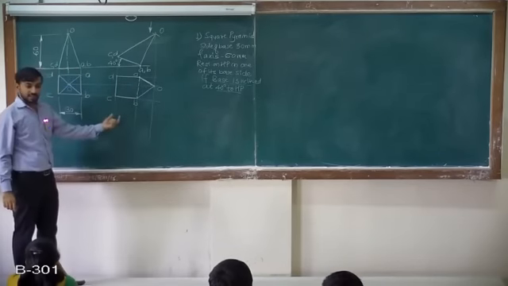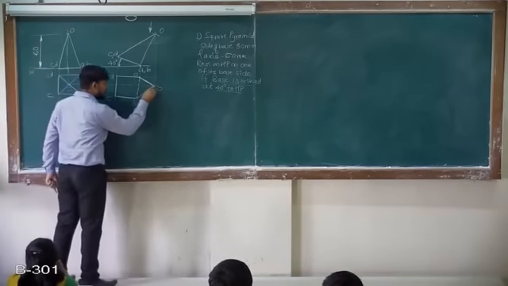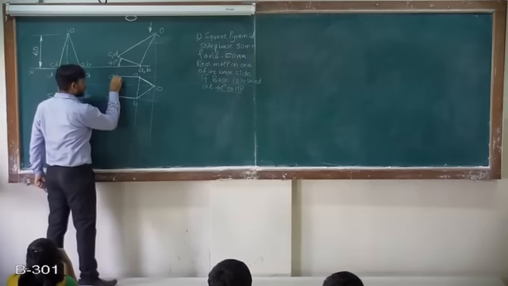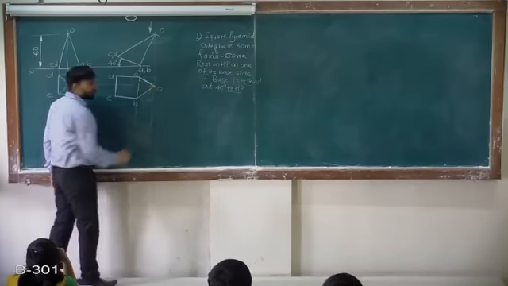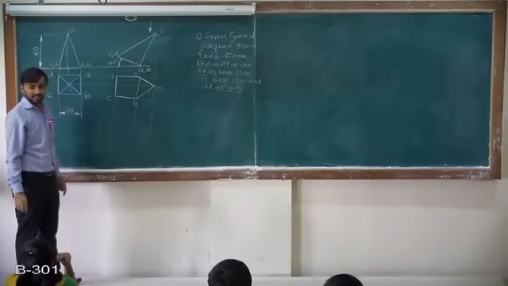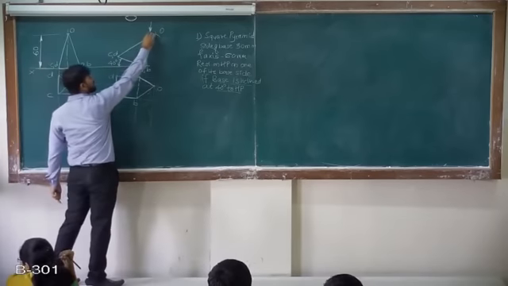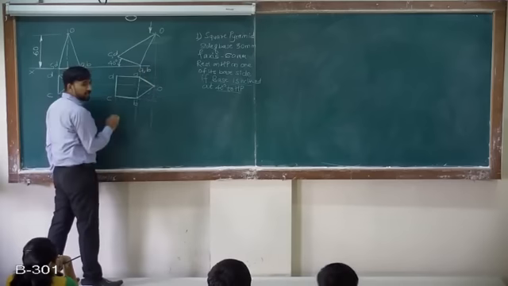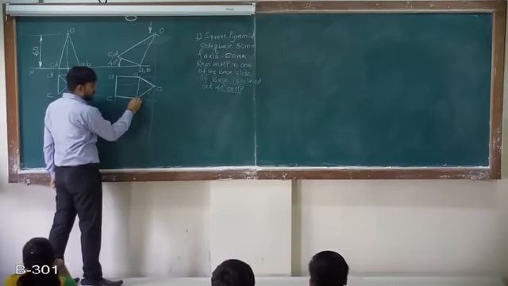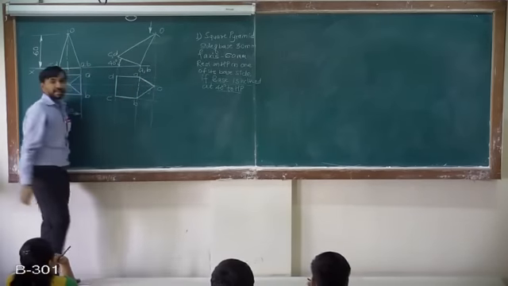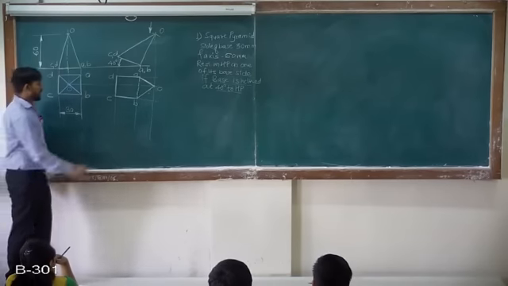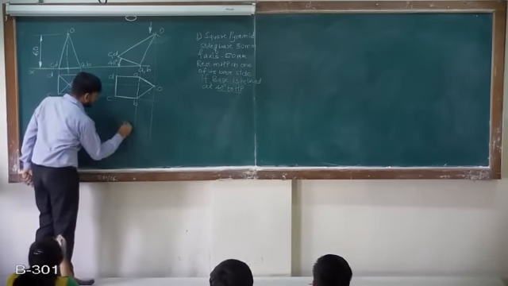The rule for this view: the outer edges, O to B, are visible, so continuous thick line. The line passing through the farthest point is AB, so this line AB is hidden, which is not visible in the corresponding view. So that is the second stage.